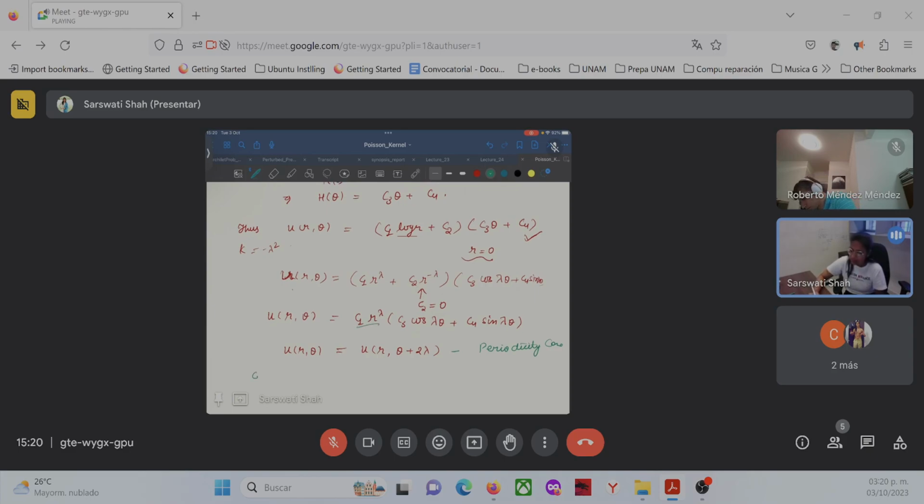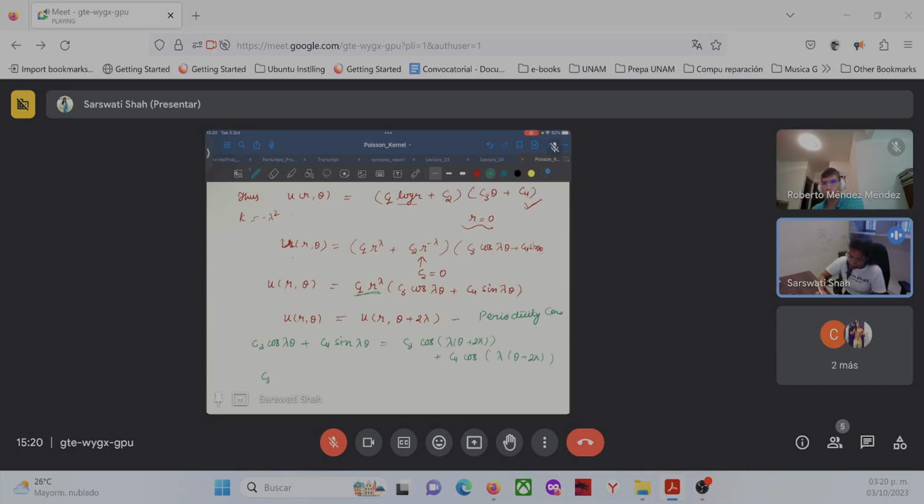So C3 cos lambda theta plus C4 sin lambda theta is equal to C3 cos lambda (theta plus 2 pi) plus C4 sin lambda (theta plus 2 pi).